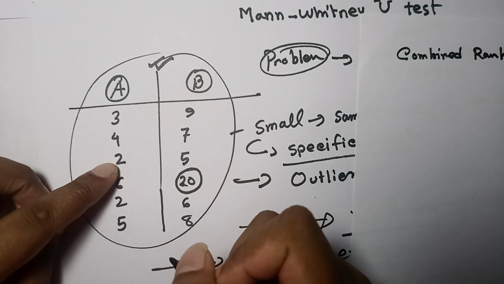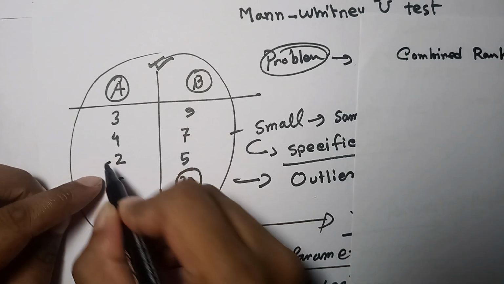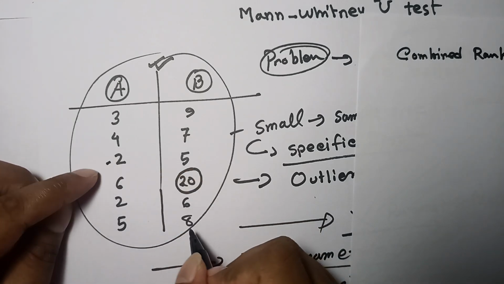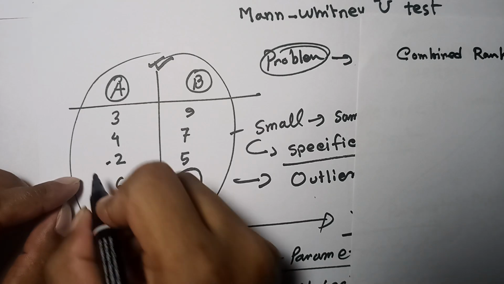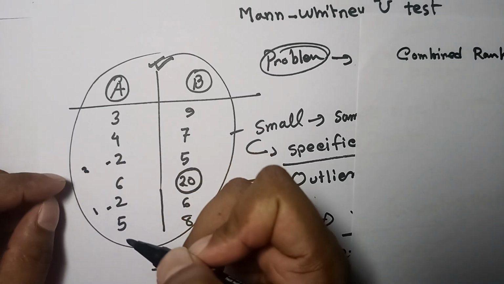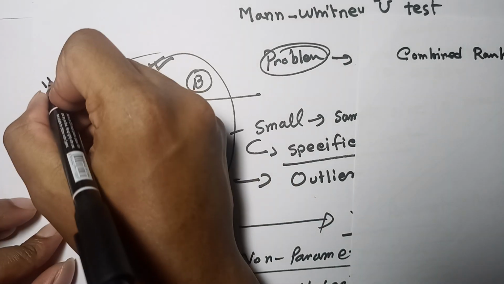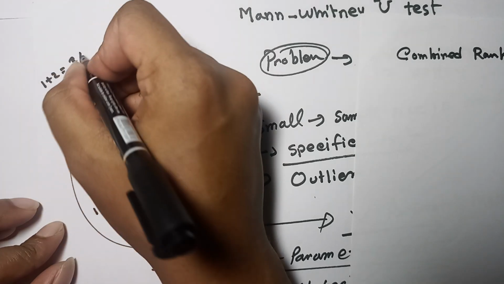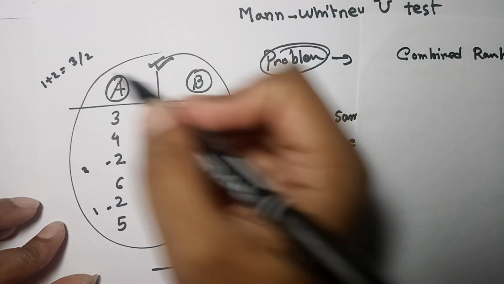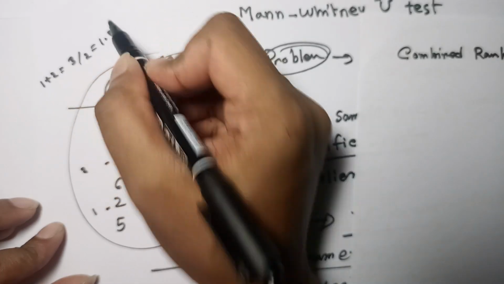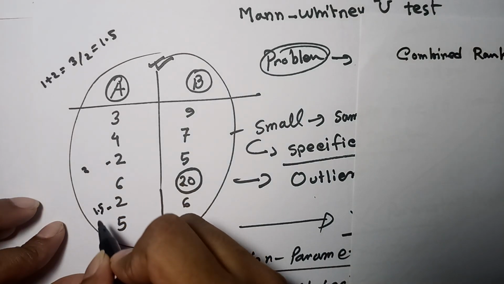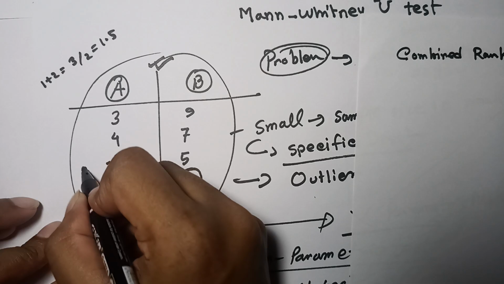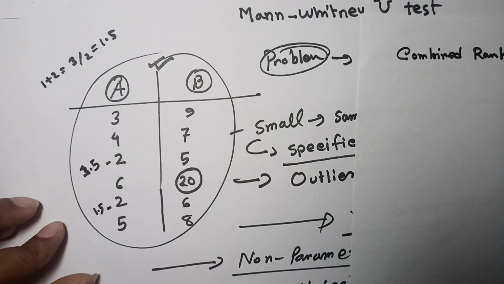See, the smallest number is 2. This 2 occurs 2 times. So we will rank them 1 and 2, and 1 plus 2 is 3, divided by 2 it will be 1.5. So this one will be 1.5, and this one also will be 1.5.